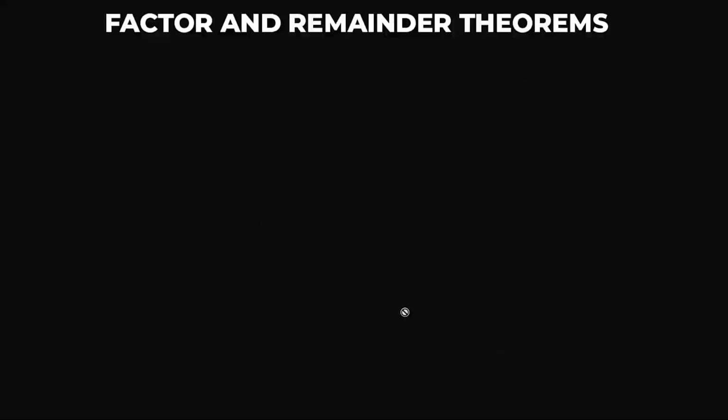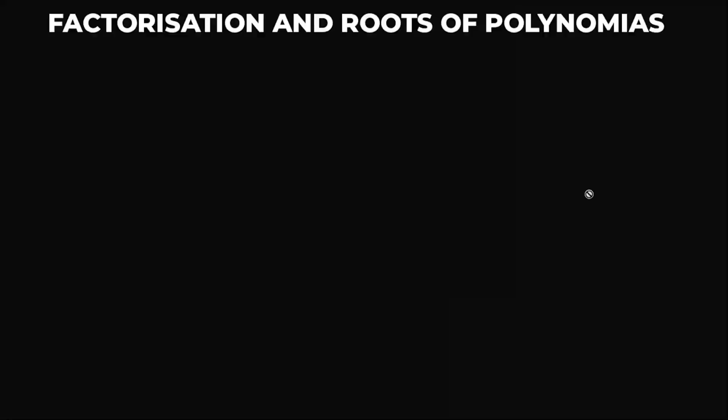Now that you have understood the factor and remainder theorems, the next thing we want to look at under polynomials is factorization and roots of polynomials. When we talk about factorizing a given polynomial or finding the roots of polynomials, we can majorly use two methods.